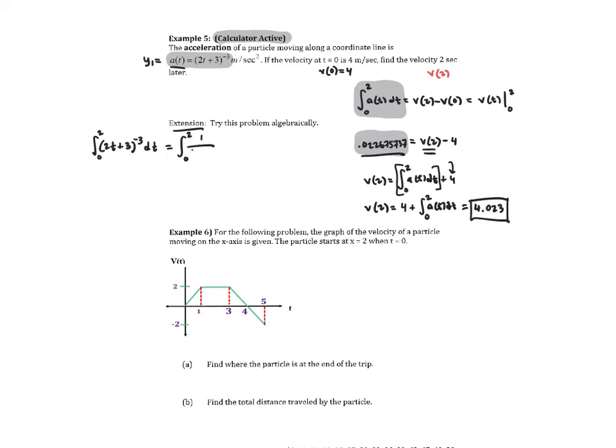This would be 1 over 2t plus 3 cubed. Typically you're going to see your u nested somewhere, so it's a composition of functions. So I'm going to write u is 2t plus 3. So du is going to equal 2 dt. Well, I don't see a 2 dt, but I do see a 1 dt here. So I'm going to write this as half du is equal to dt.